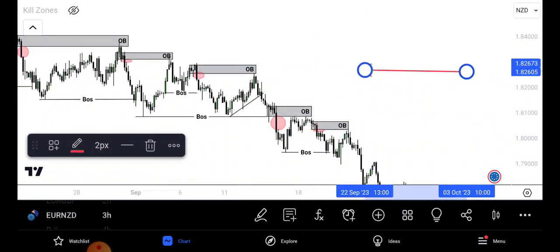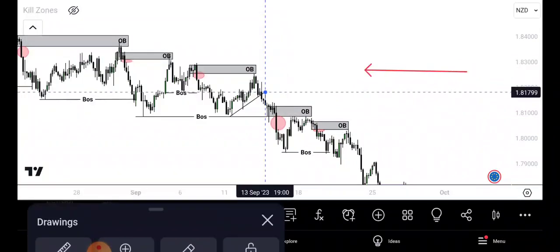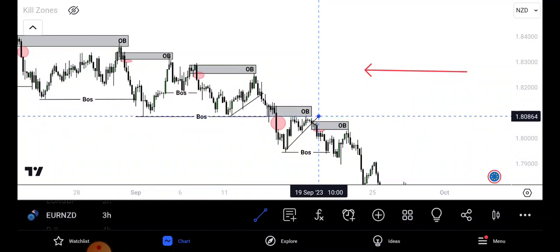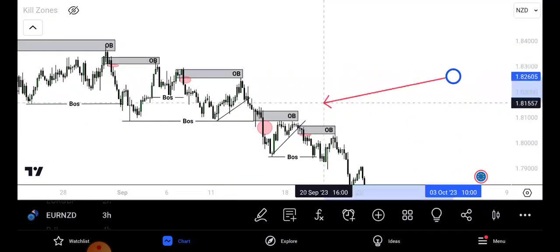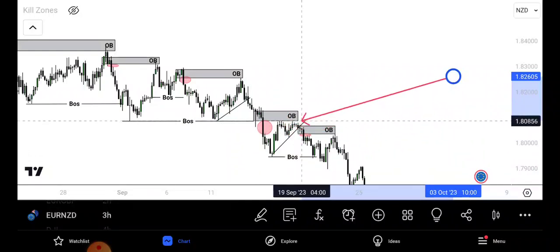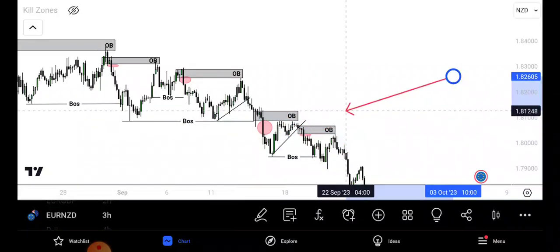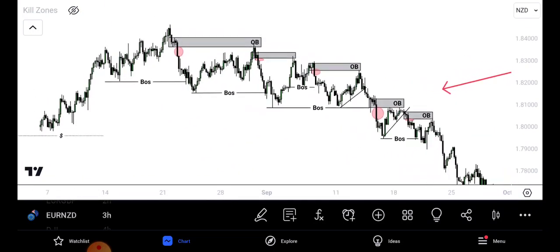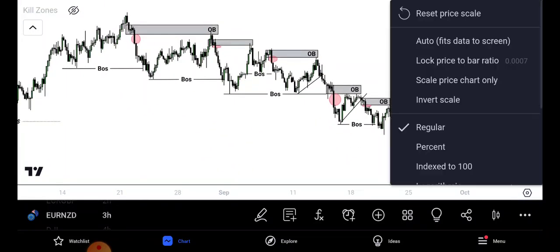I also saw the trend line liquidity. The market tapped here, moved up, tapped here, moved up, tapped here, and then we took out that liquidity. This is as easy as anything, and this is for a downtrend market.